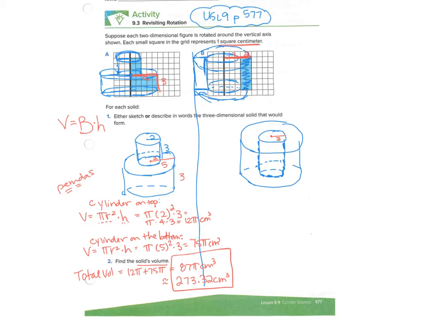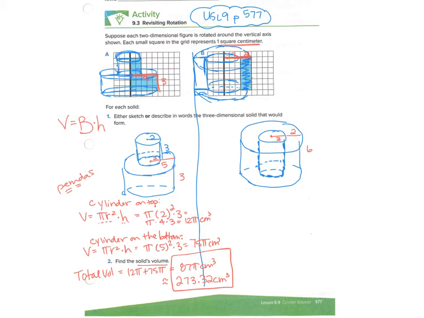This rectangle is 2, so I know that this is 2 right here. The height, 1, 2, 3, 4, 5, 6. Looks like we have a height of 6, both inside and outside. So for this one, if I want to calculate its volume, I'm thinking about this.